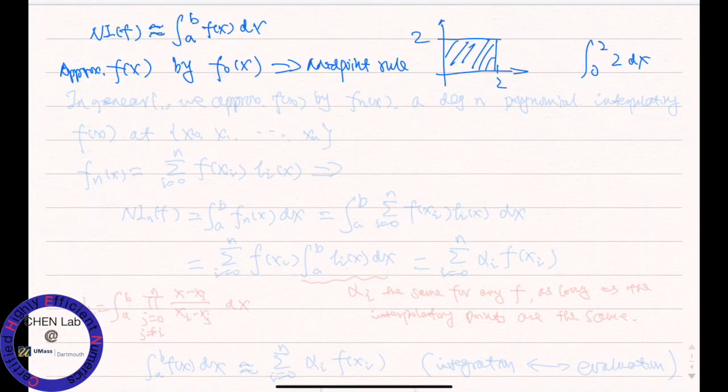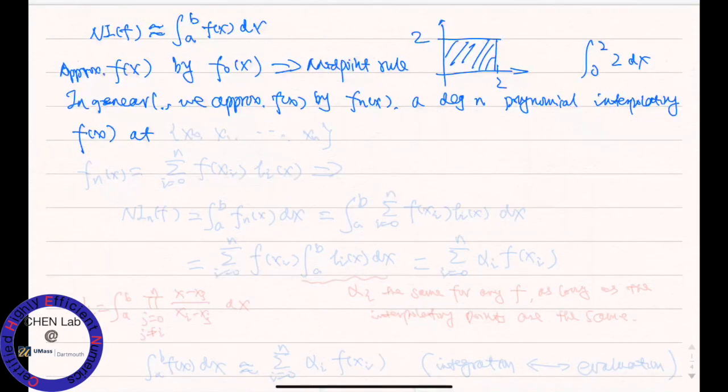So in general, if you approximate f of x by fn of x, a degree n polynomial interpolating f at n plus 1 points, x0, x1, up to xn.